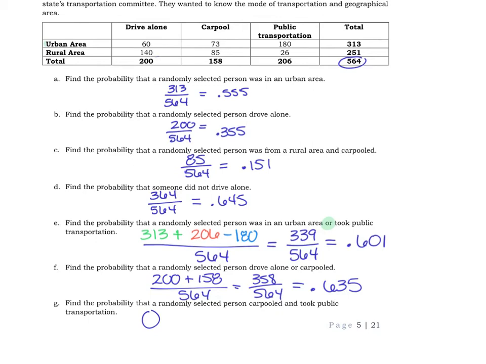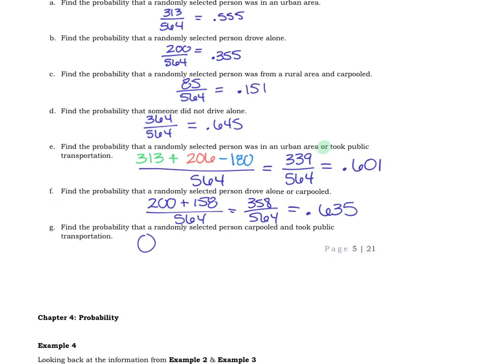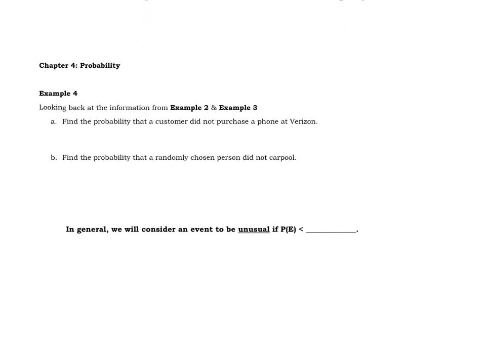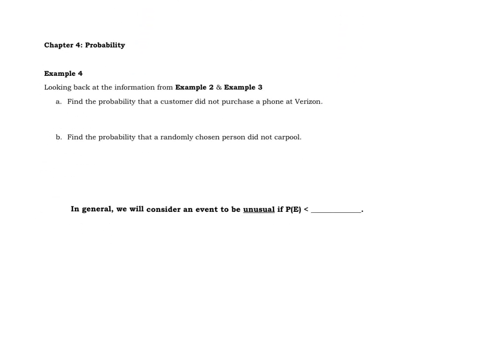All right, one more quick example that goes back to examples 2 and 3. And these are, again, the idea of complement. Find the probability a customer did not get a phone at Verizon. You may recall the probability that they did buy their phone at Verizon was 0.29 or 29%.